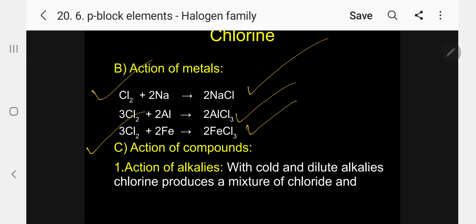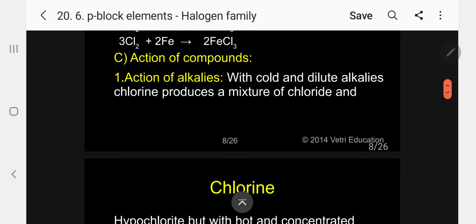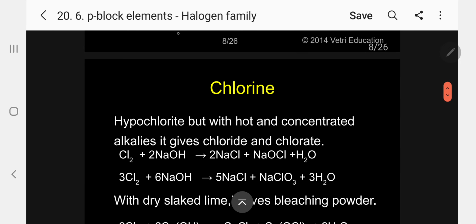Action on compounds. First one, action of alkali. With cold dilute alkalis, chlorine produces a mixture of chloride and hypochlorite. But with hot concentrated alkalis, it gives chloride and chlorate.